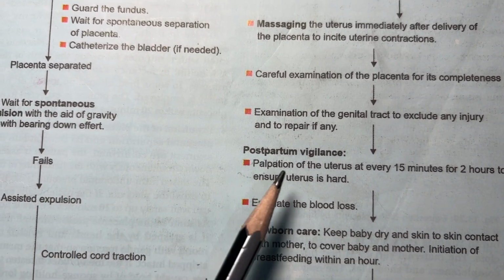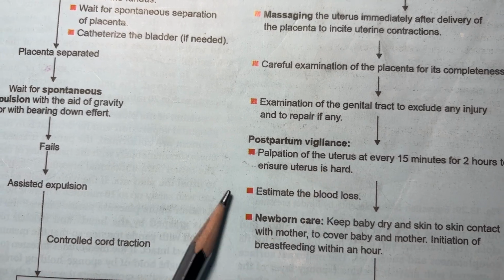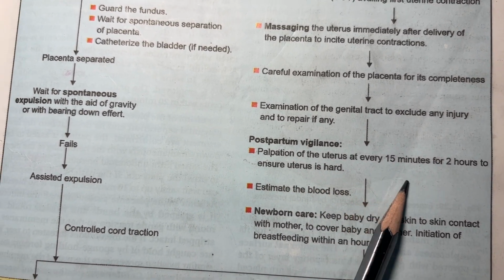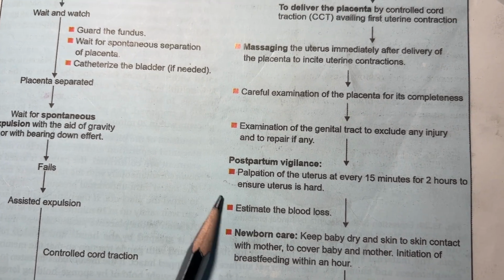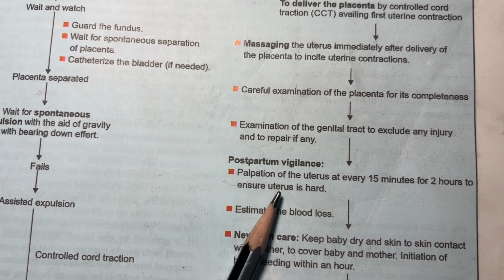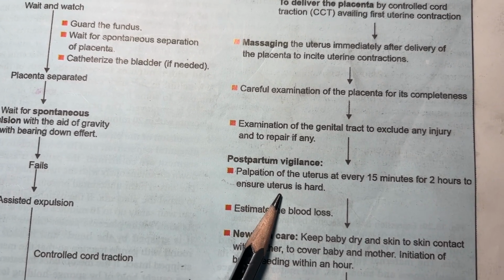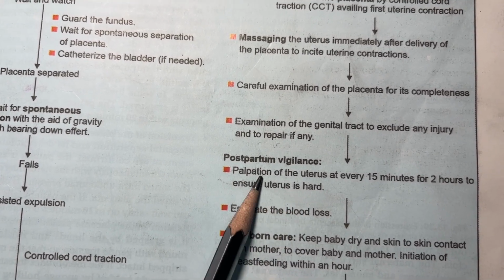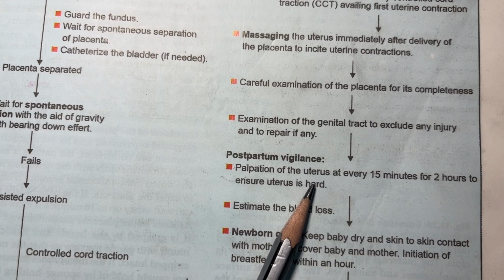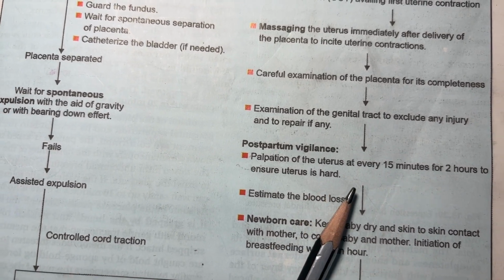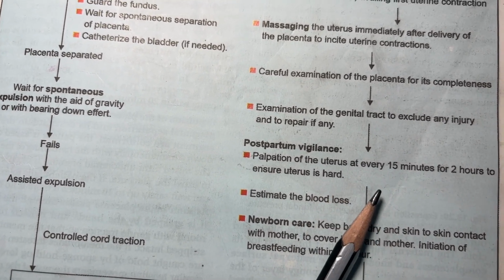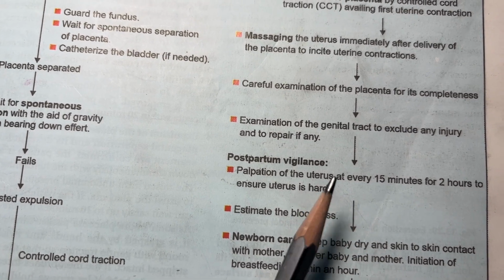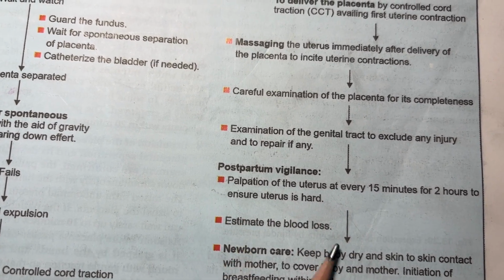And postpartum vigilance. In postpartum vigilance, palpation of the uterus every 15 minutes for 2 hours to ensure the uterus is hard. For 2 hours, every 15 minutes, we palpate the uterus to identify whether the uterus is hard or not.